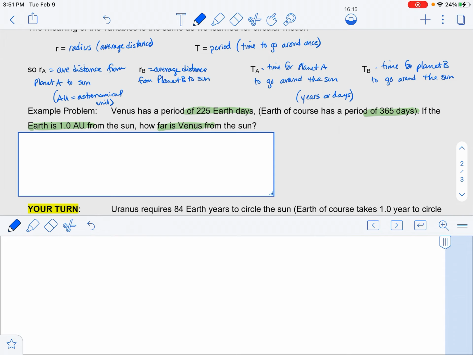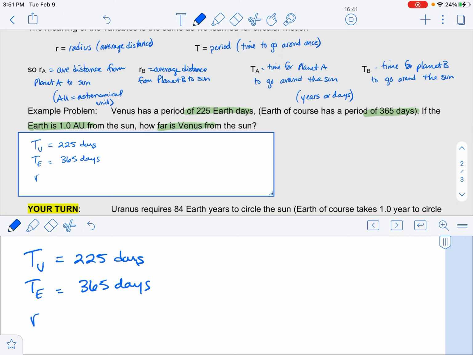So the problem tells me that the period of Venus, now instead of using A, I used V to stand for Venus, because that's going to help me keep it straight in my head. So the period of Venus is 225 days, and the period of Earth, and instead of B, I used an E because I wanted it to be the Earth, is 365 days. So far, so good.